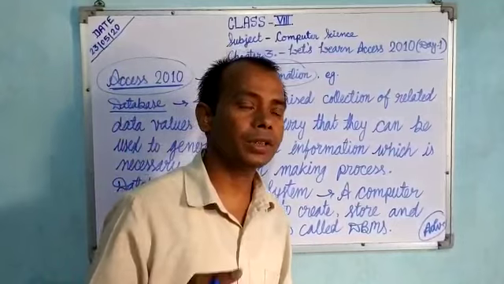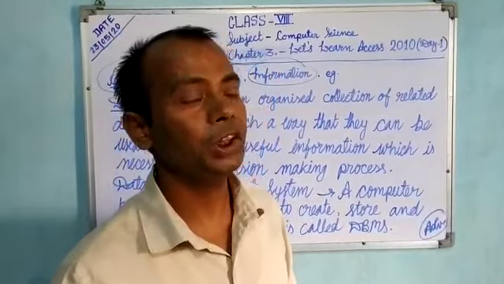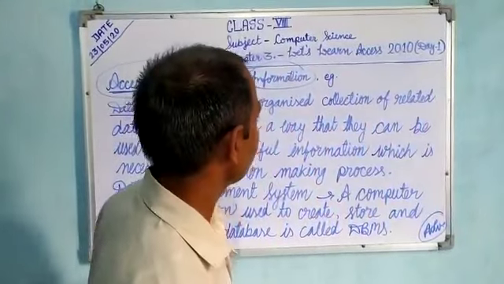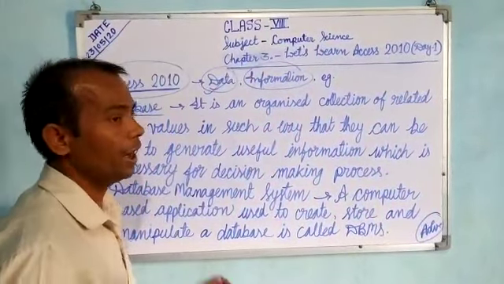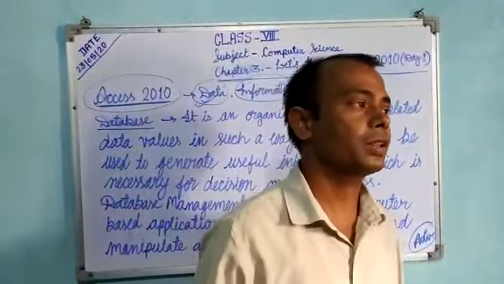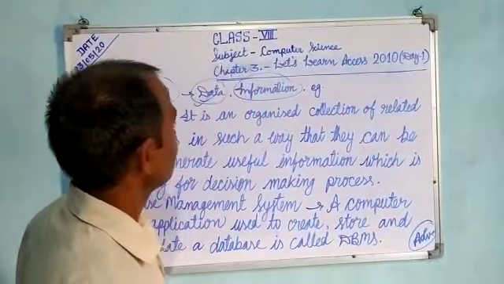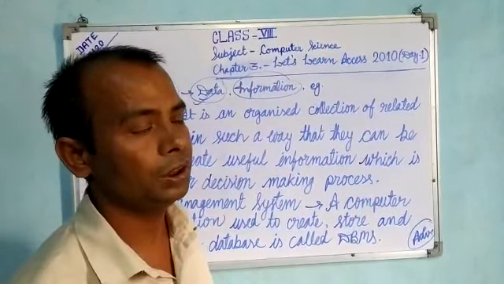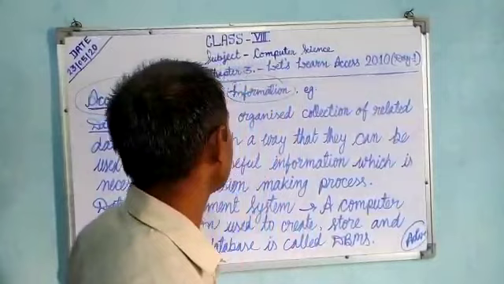So much data is there. So how do we manage such a large quantity of data? We need a type of software, so that we can easily store it, manage it, and manipulate it.